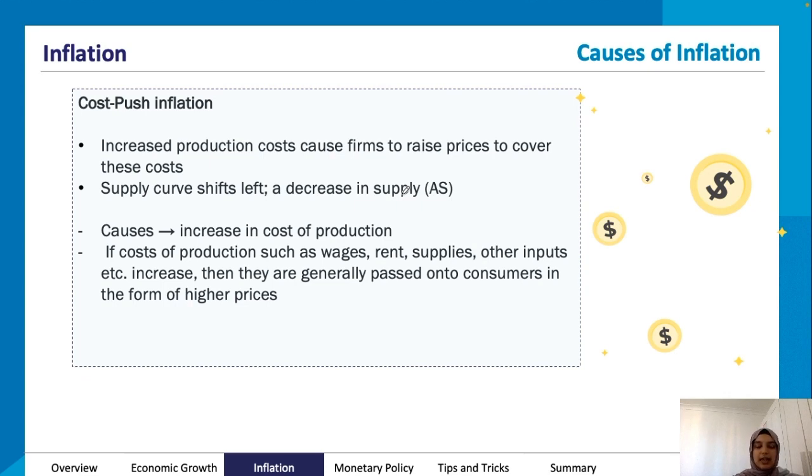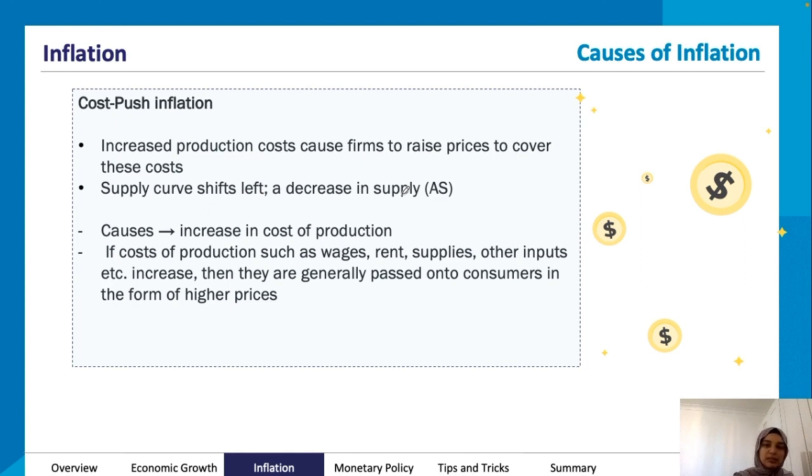Let's say I make a cake and the price of milk has gone up by a few dollars, let's say $2. Before, I was getting the milk for $3 and now I'm getting it for $5. So instead of just accepting that and cutting back on how much profit I get, I'm going to pass on that $2 rise in the price onto my cake.